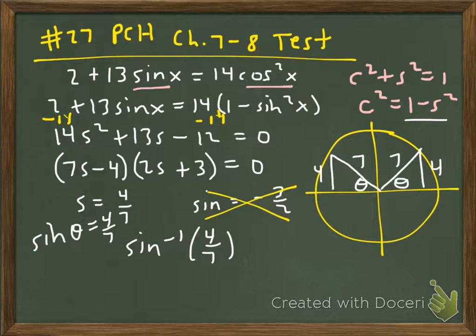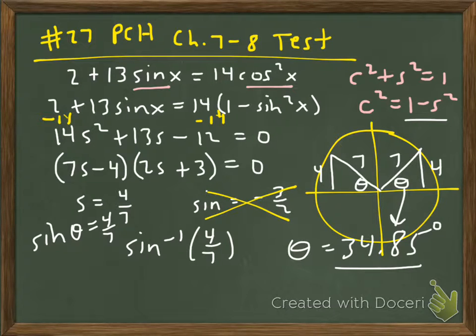Change it to degrees, and then we're going to go inverse sine of 4 over 7. 4 divided by 7, and we're going to get 34.85 degrees. So theta is 34.849, or 85 degrees. That's one of them. That's that theta right there.